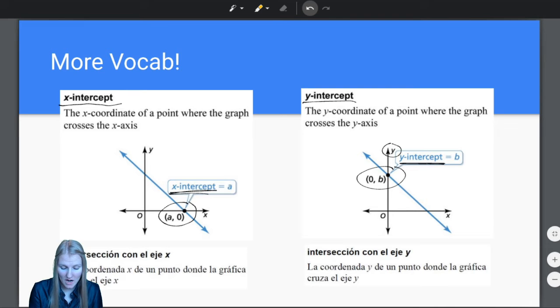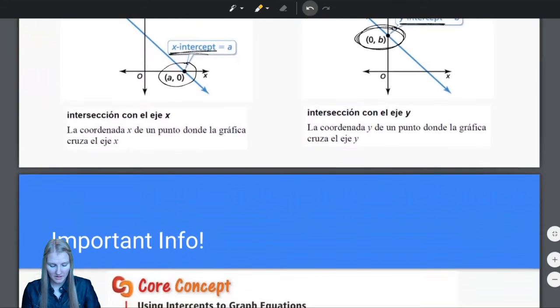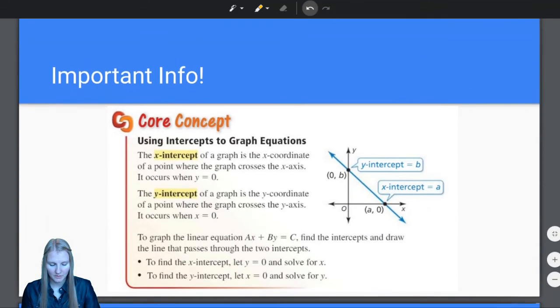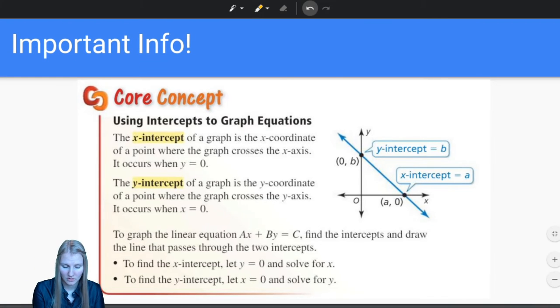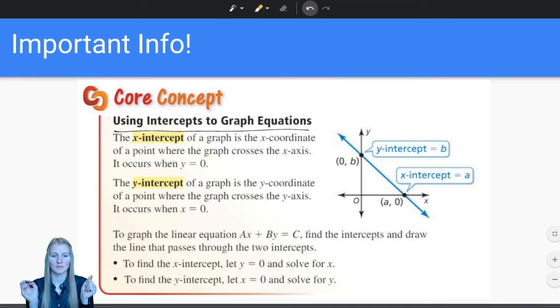X-intercept is where the graph crosses the x-axis. The y-intercept is where the graph crosses the y-axis. Now, some more information about this. We can use these intercepts to graph equations because it only takes 2 points to make a line, right?